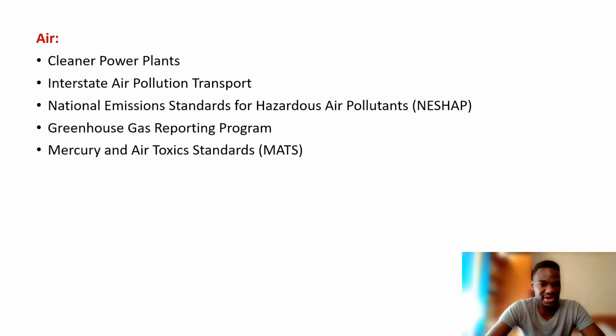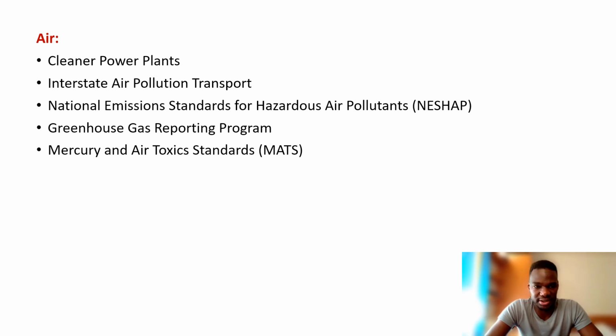And what are the laws and regulations for this permit? For example, in the section on air, there is the Clean Power Plant rule, which covers mercury and other hazardous air pollutants. There is also interstate air pollution transport, and national emission standards for hazardous air pollutants, for example air toxics regulations.